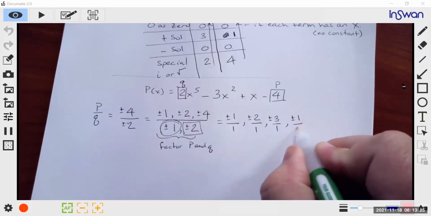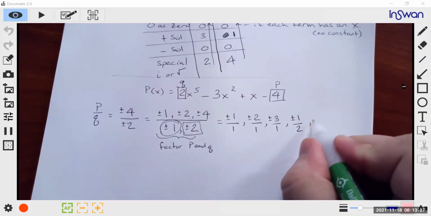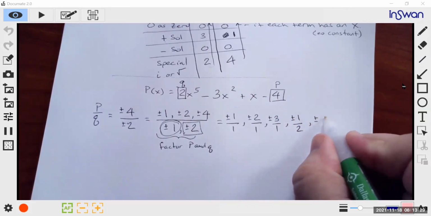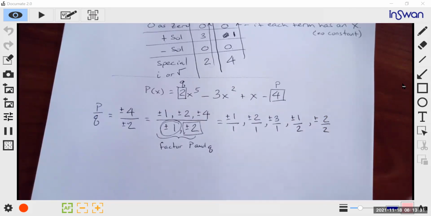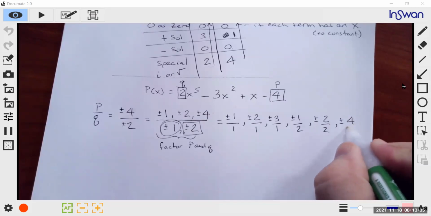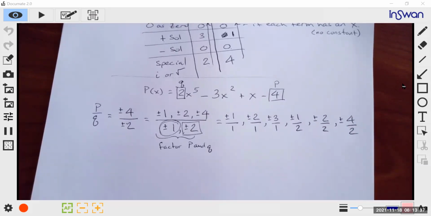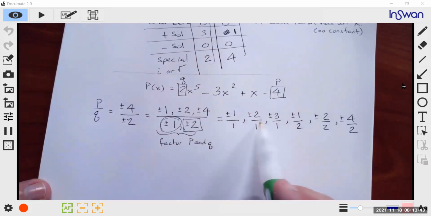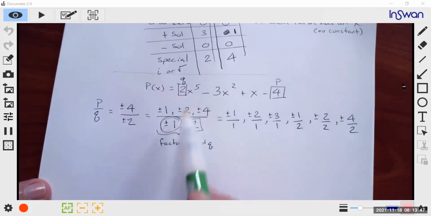Plus or minus 1 over 2, plus or minus 2 over 2, plus or minus 4 over 2. So there are my 6 possibilities. 2 times 3.